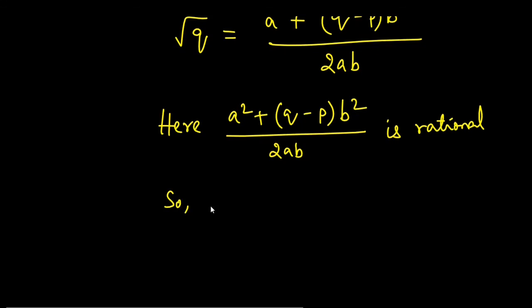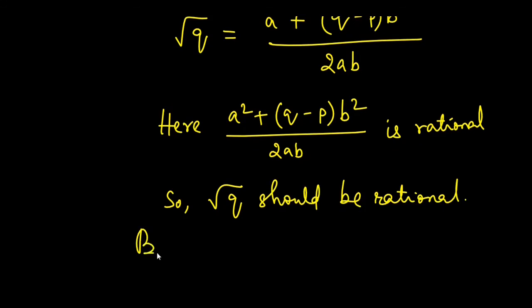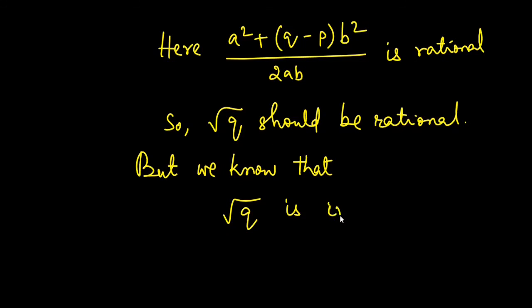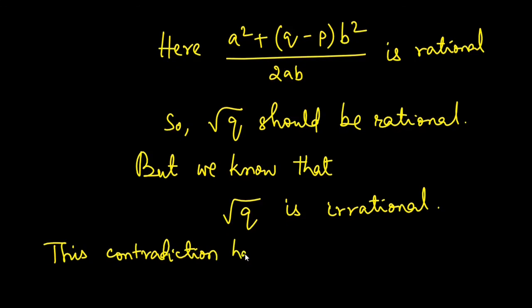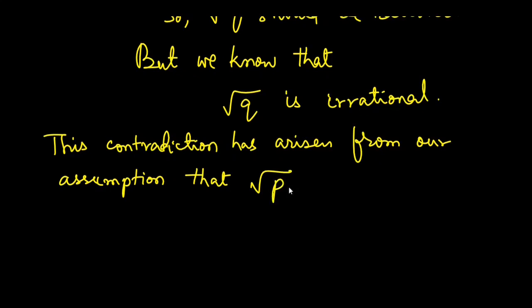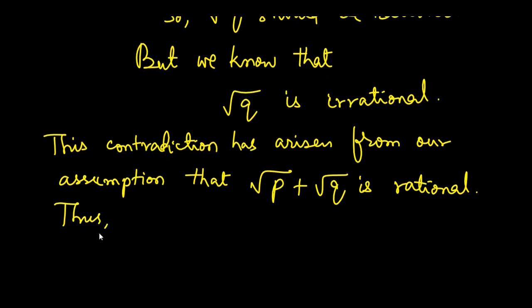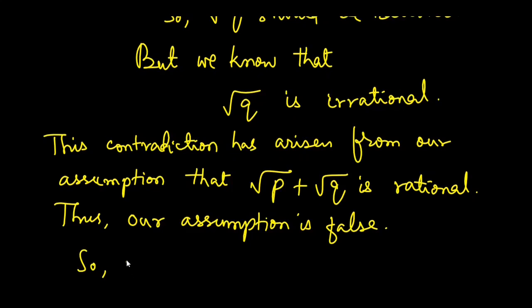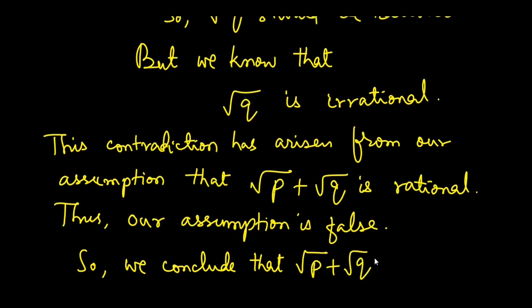So root q should be rational, but we know that root q is irrational. This contradiction has arisen from our assumption that root p plus root q is rational. Thus, our assumption is false. So, we conclude that root p plus root q is irrational.